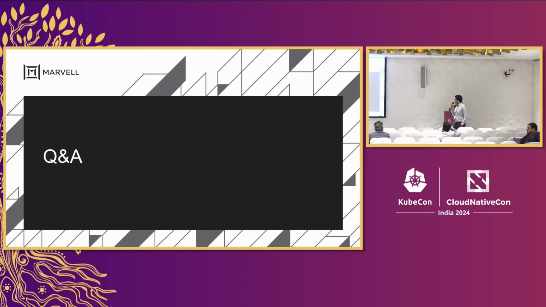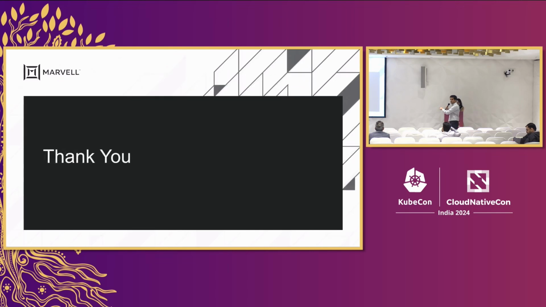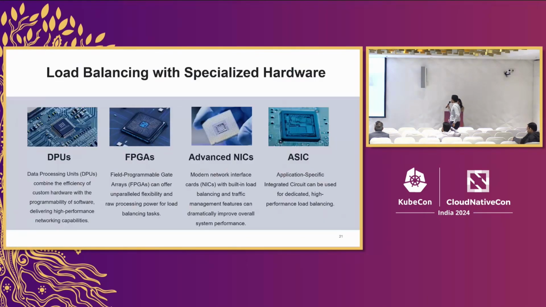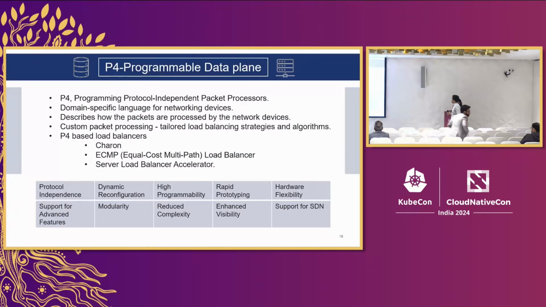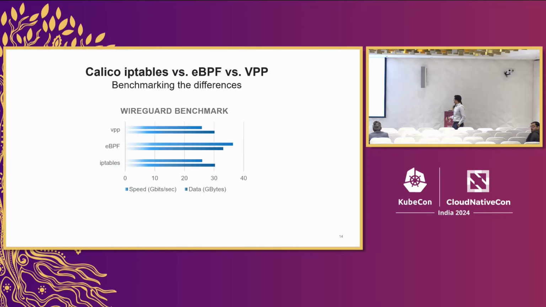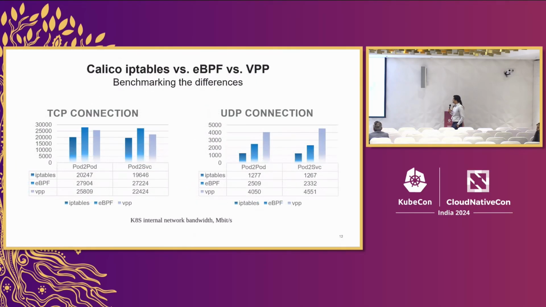Yeah, we have shown some numbers. Okay, maybe we can just go over them once. We did performance for pod to pod and pod to service communication. These are throughput numbers.